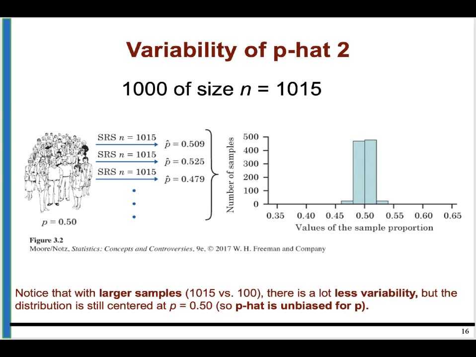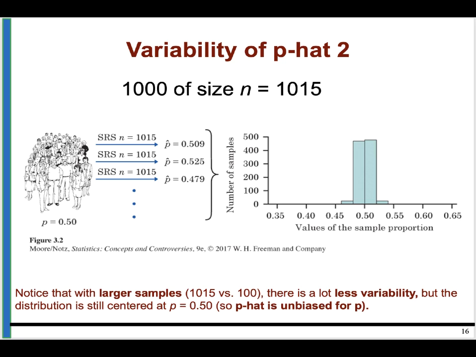Almost all of the results were close to 0.5. The smallest result wasn't even as low as 0.45, and the largest results weren't even as large as 0.55. So with a larger sample size, we had a lot less variability.